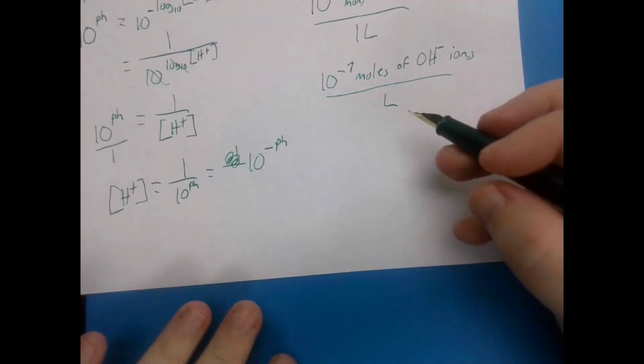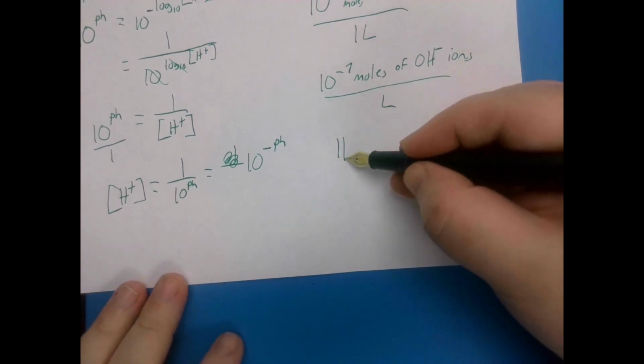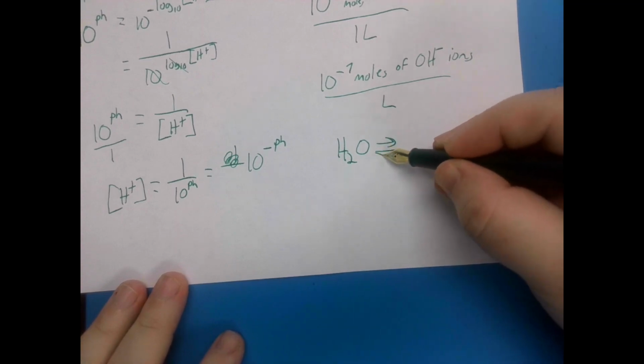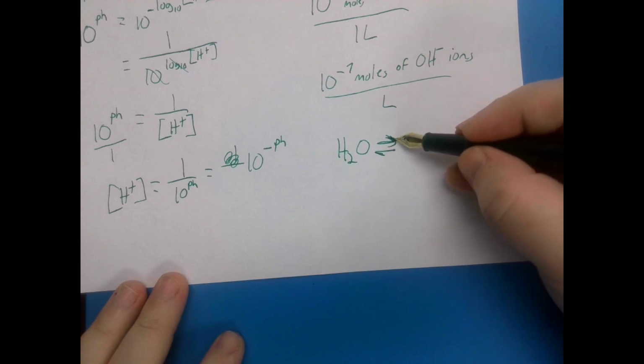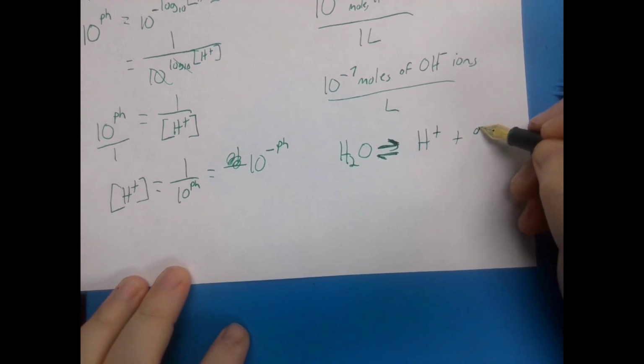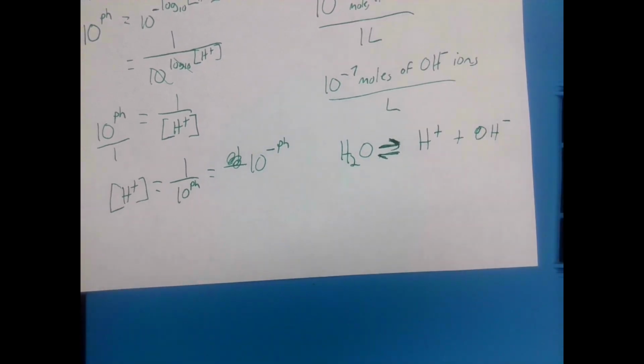So a very small percentage of water molecules actually break apart, and I should really do this, the two-way arrow, into H plus and OH ions. So you can almost think of water as having both an acidic part and a basic, or alkaline, part. This is important for weak acids.